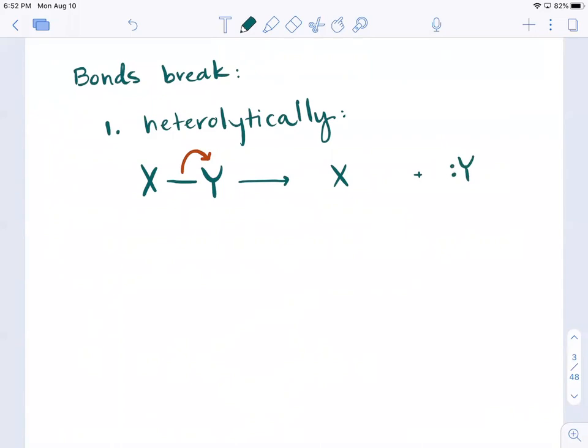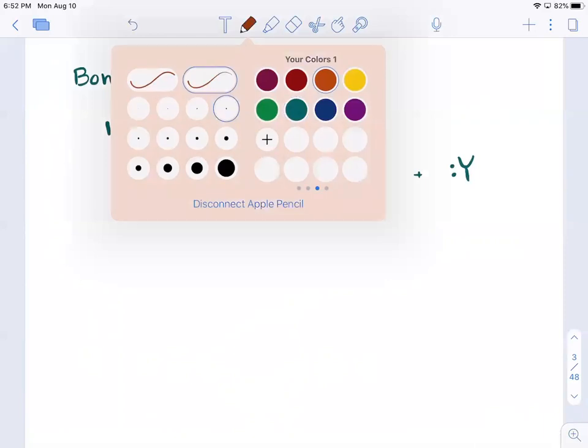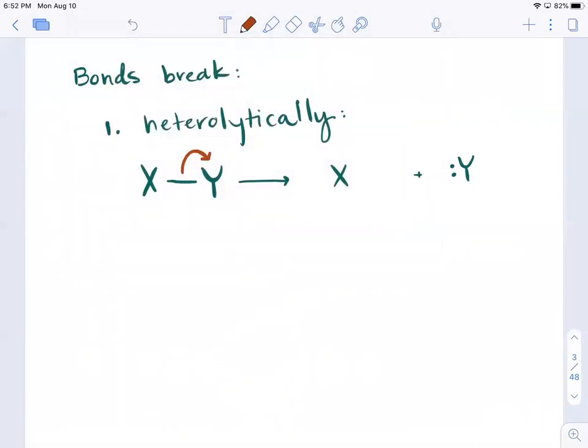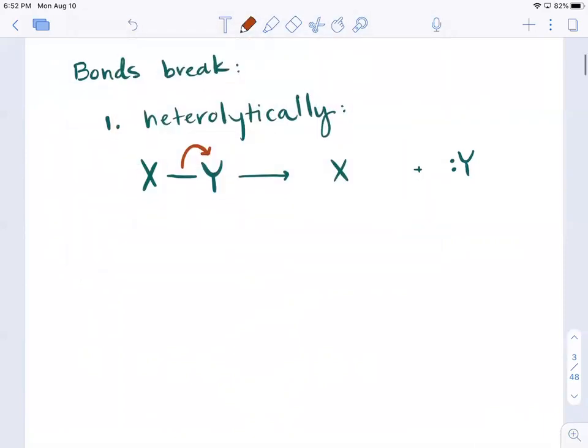So two electrons moving at once, and the bond will become a lone pair on one specific element of that bond, or one specific atom. What this makes is ions. We saw a heterolytic bond cleavage in acid-base reactions. And so with these ions that are forming, we are breaking the bond with two electrons moving at a time.